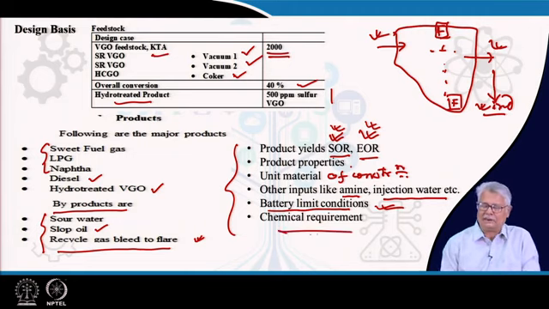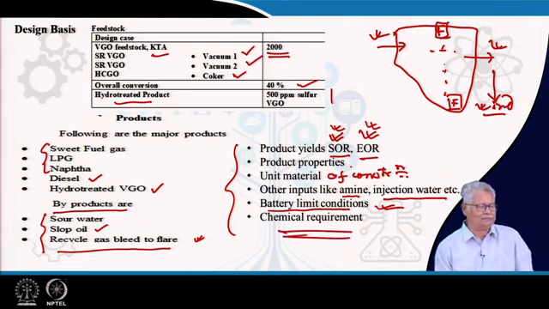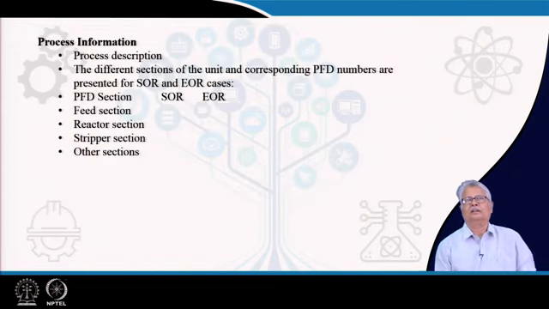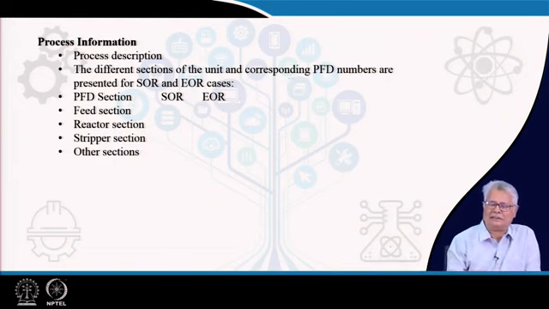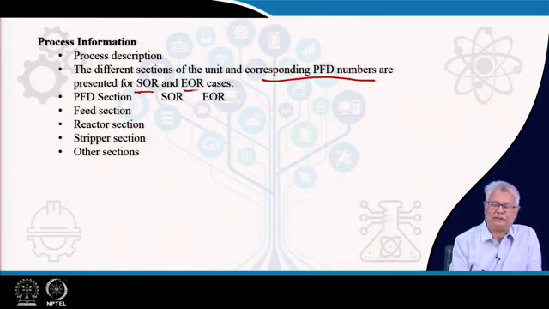The chemical requirement naturally is another important point. The process information normally, again I have repeated here, will be specified in terms of different sections of the unit, and quite often in case of a plant like this, you require separate process flow diagrams which are numbered, and these PFDs may be different for start of run case and end of run case.